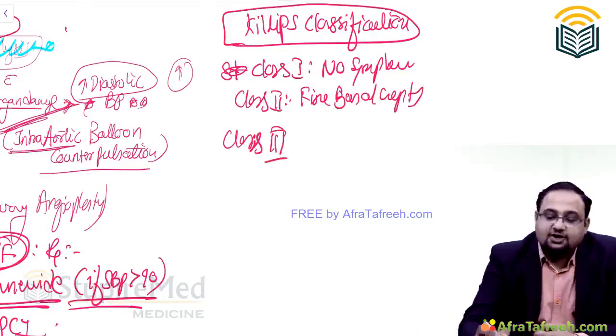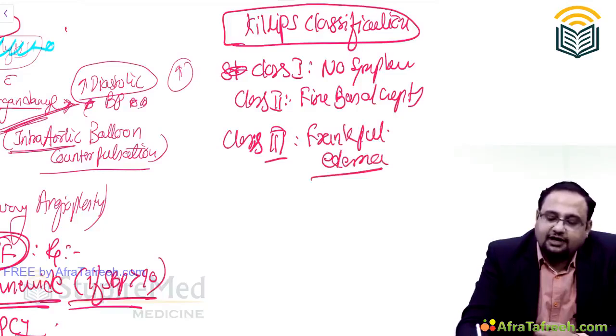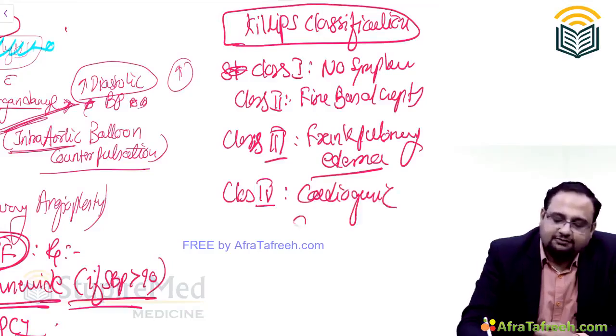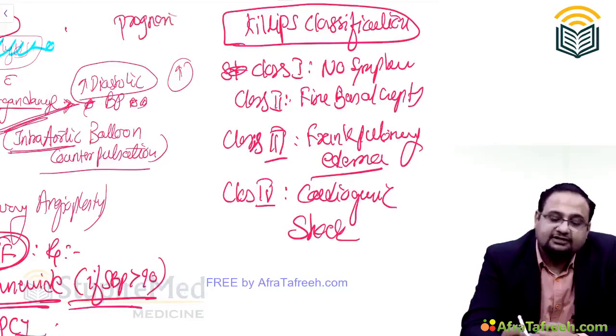Class 3 means you have got frank pulmonary edema, and class 4 is cardiogenic shock. I repeat again, the Killip classification is for prognosis of ST segment elevation myocardial infarction patients.